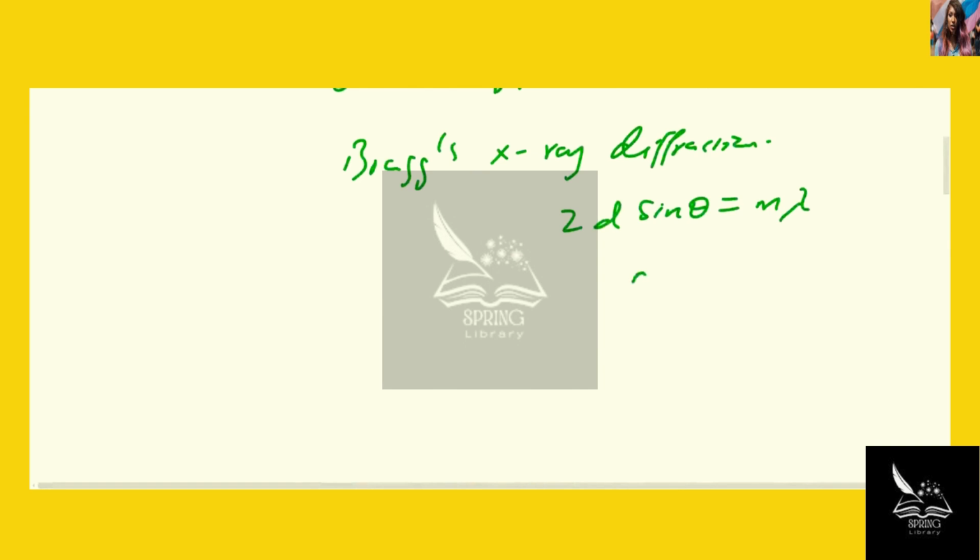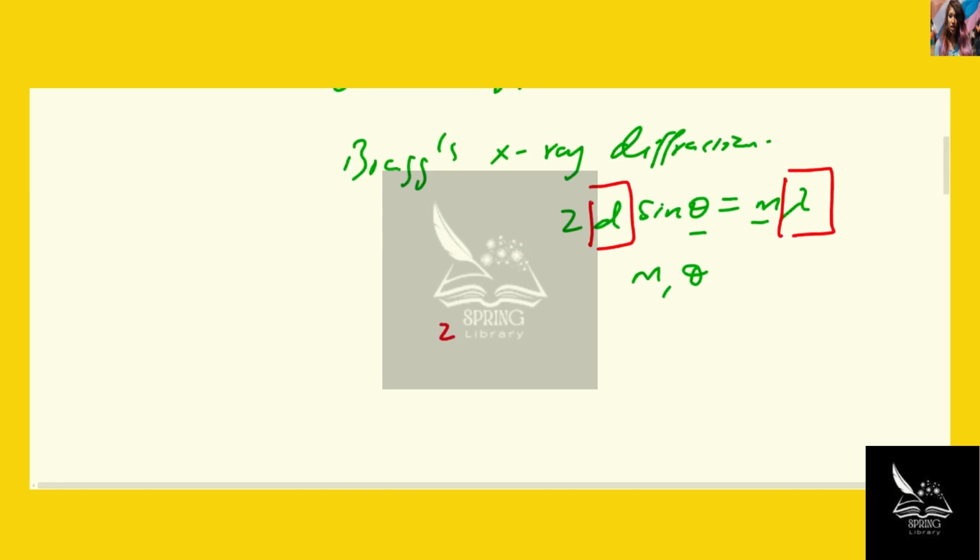If we know m and theta, there's no way, if you know m and theta, you can see that in this equation, we still have two unknowns. To solve an equation, you need only a single unknown.